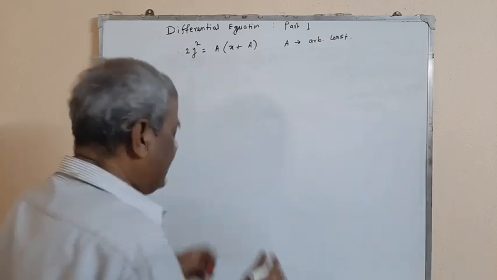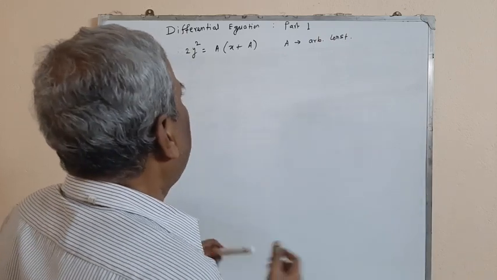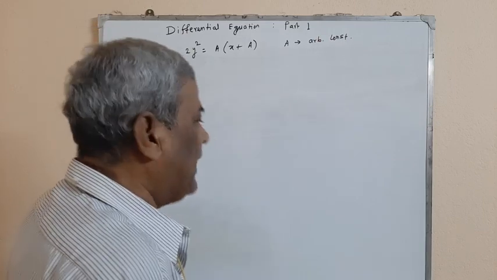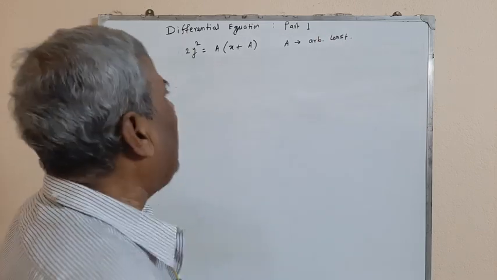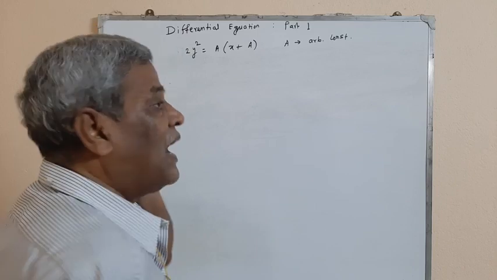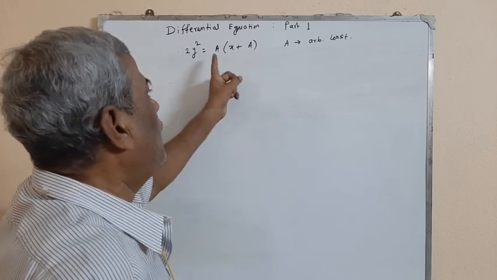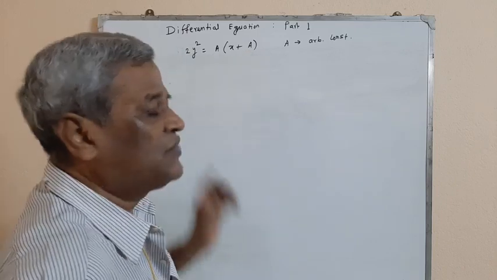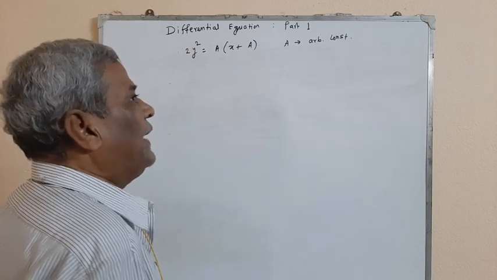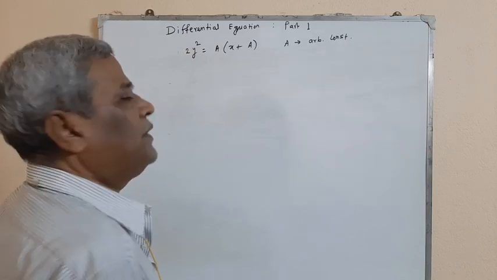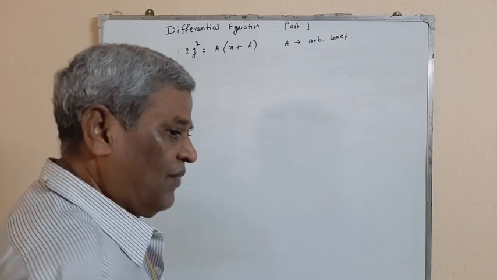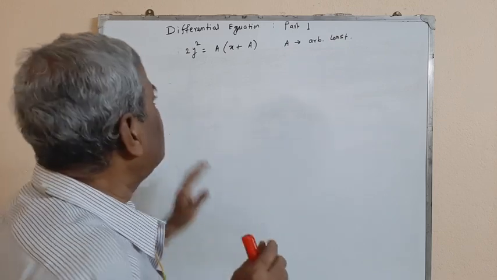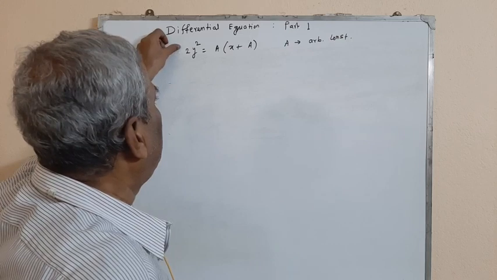Okay, this is another type of problem. One relation between x, y, and some arbitrary constants. Here, only one arbitrary constant a is there. We have to find the corresponding differential equation. The rule is very simple.